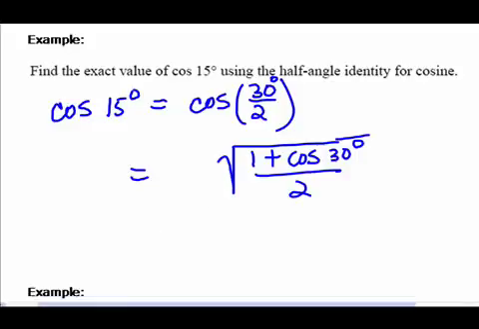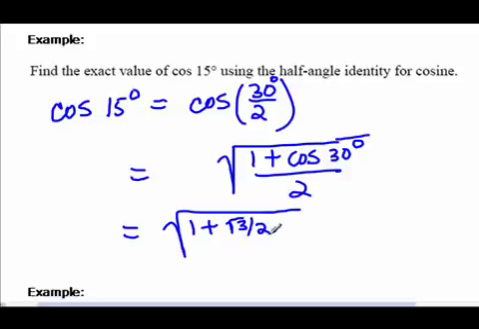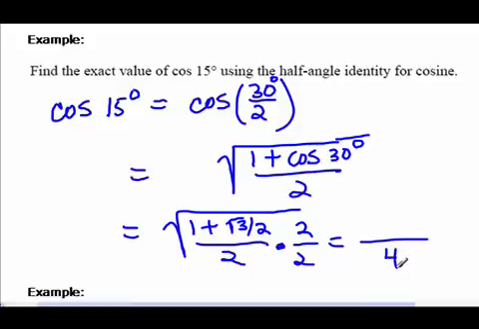So what do we got so far? It's going to look ugly at first, but we're going to have 1 plus cosine of 30, which is square root of 3 over 2, all of that over 2. So let's multiply top and bottom by 2. It gives us a 4 on the bottom, and I got to use the distributive property up top.